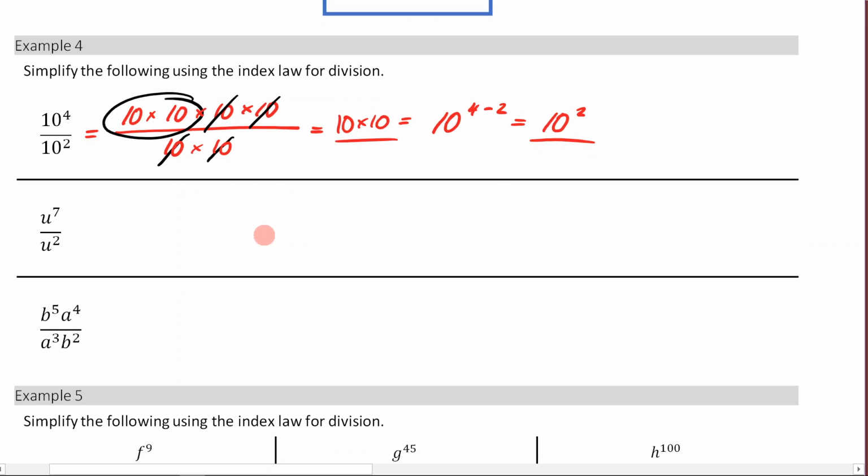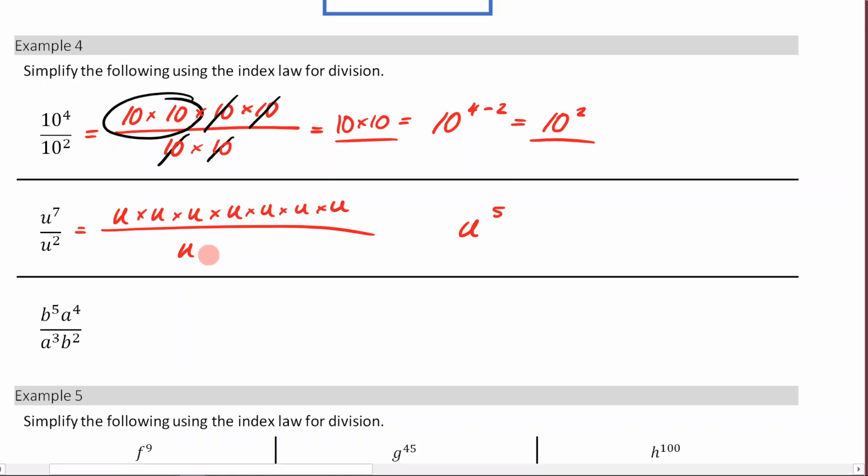Okay, so let's come to our next one now. Hopefully you can just look at this and immediately tell me what the answer is going to be. It's going to be 7 minus 2, which is u to the 5. If we were to do this the long way, in expanded form, you'd go u times u times u times u times u times u times u. So I have 1, 2, 3, 4, 5, 6, 7 u's there.